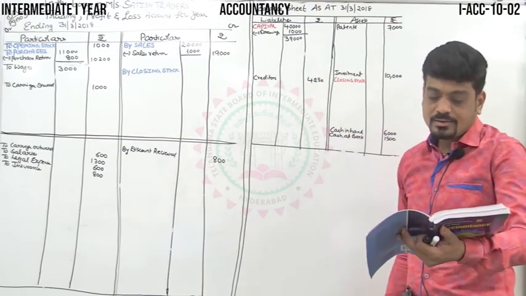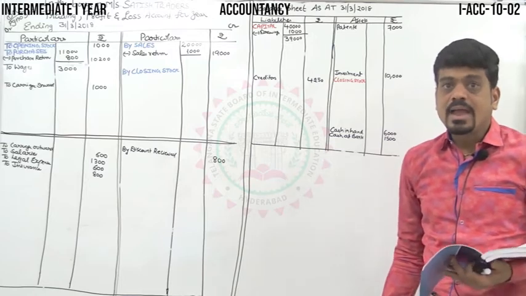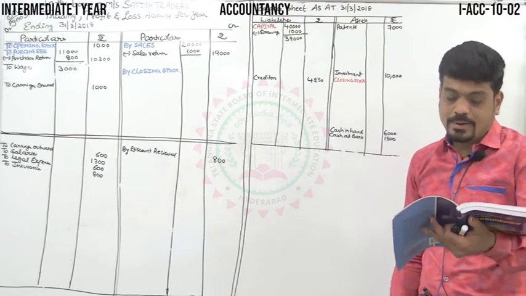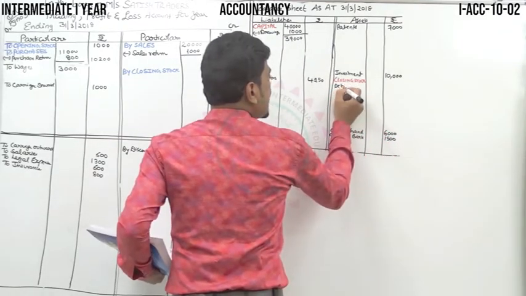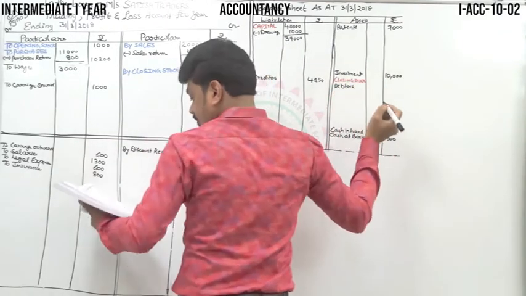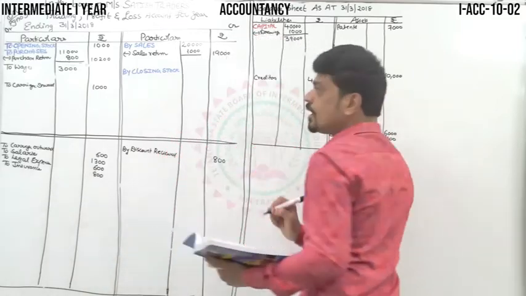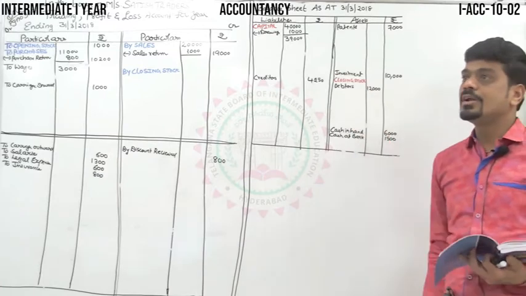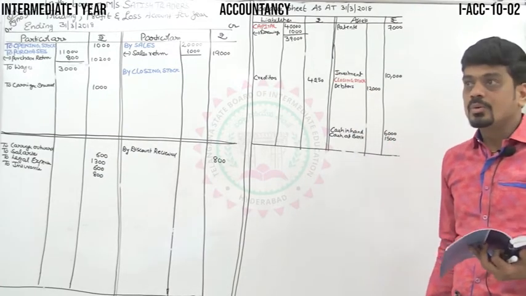Then debtors. Debtors are assets. And on debtors, there is an adjustment also. So below closing stock, I'll write debtors. Amount 12,000. I'm writing in the inner column. You know the reason why I wrote in the inner column? There is an adjustment. Then discount.